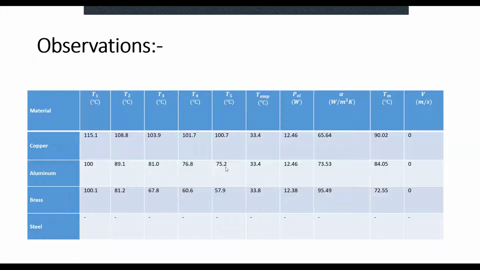That means the temperature difference is higher than the copper, so the thermal resistance is higher. Aluminum has a higher thermal resistance than the copper.